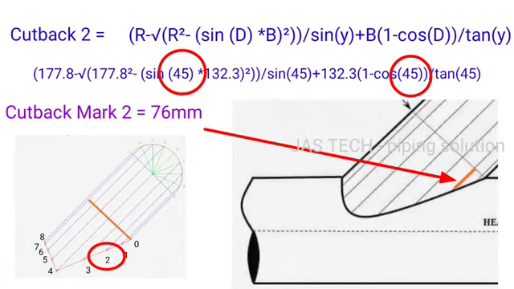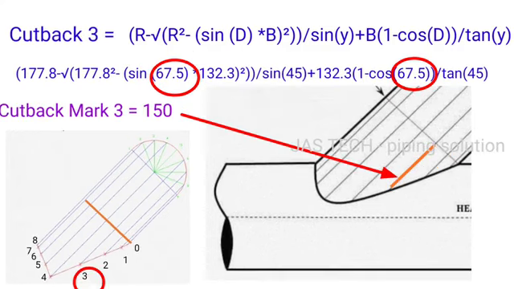Same way, cutback mark 2, same formula, only the different degree of center line. Only D changes: already 22.5, now apply 45. By using calculator, the answer is 76 mm. This is for mark 2 line. Now we mark the branch pipe second line 76 mm from the reference line.